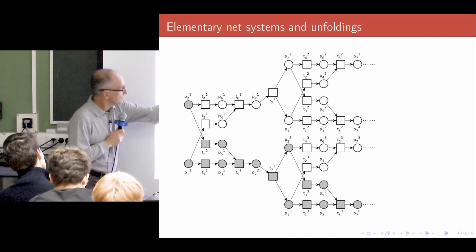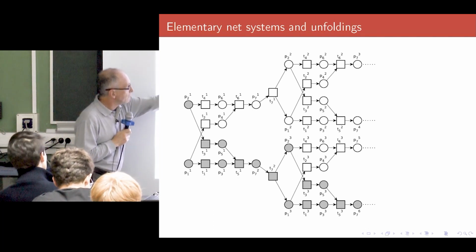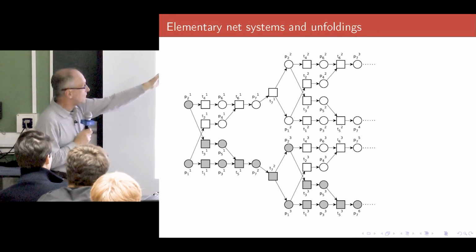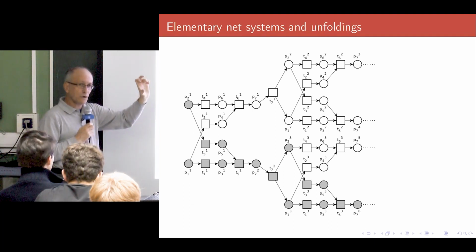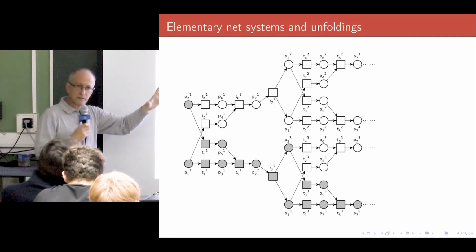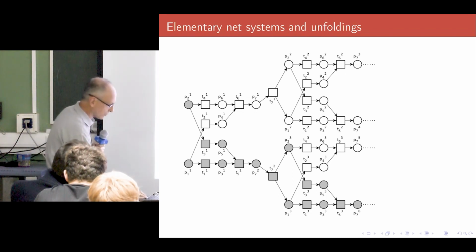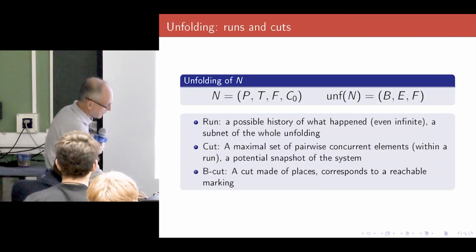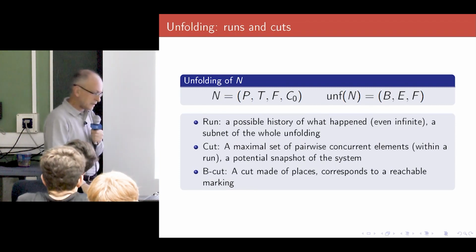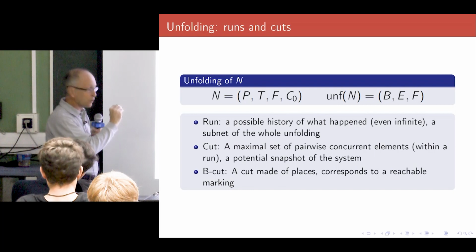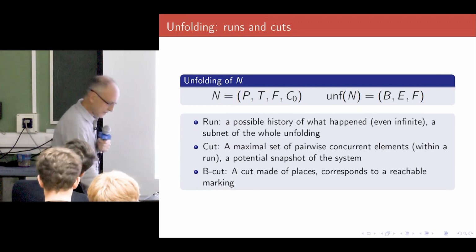If we draw a vertical line, we can cross elements which can coexist in a given instant in the system. And this is the notion of cut. And in particular, we will need B cut as a cut made only of places or local states.